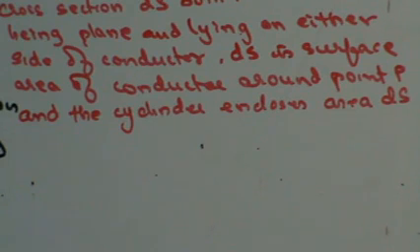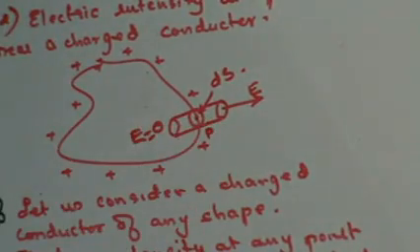Now as we know that there is going to be no electric field inside the conductor, and the electric field outside the conductor will be perpendicular to the surface. Therefore, the electric intensity inside the conductor is going to be equal to 0, right?